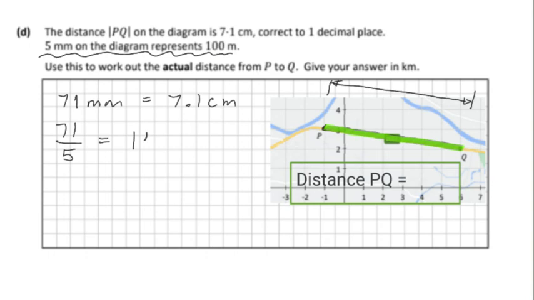So 14.2, 5 millimeters, and each of those is actually 100 meters. So 14.2 multiplied by 100 is equal to the actual distance.